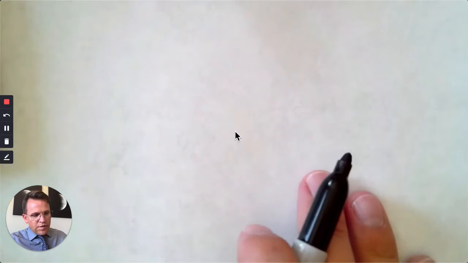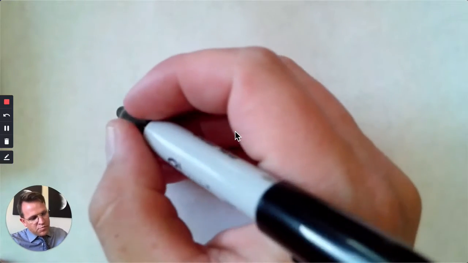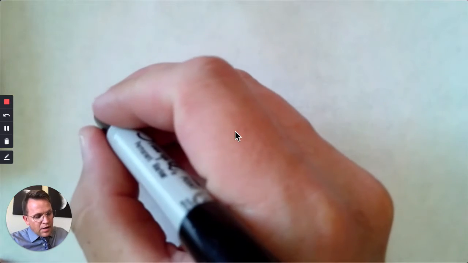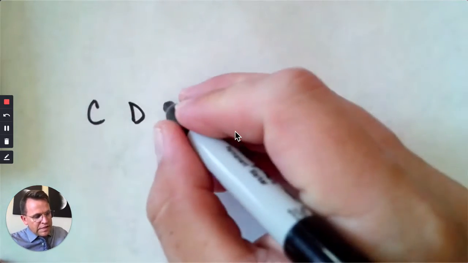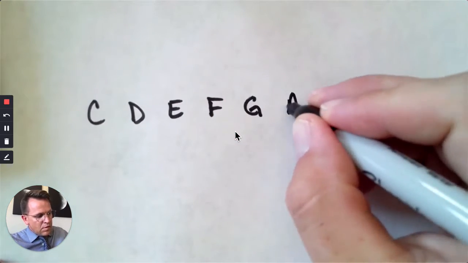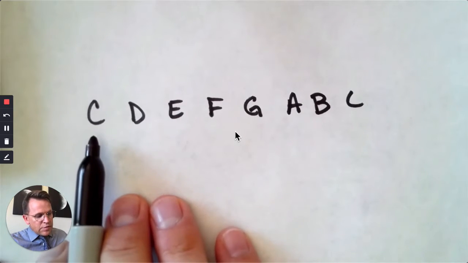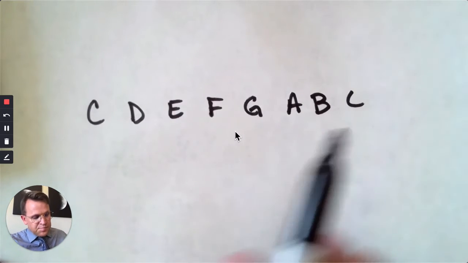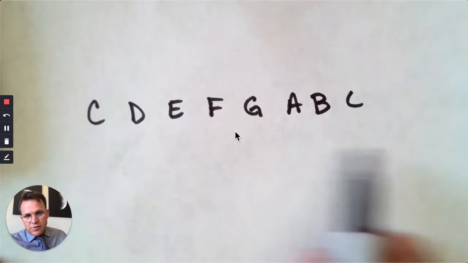The easiest way to think about it is that when you have a scale, for example a major scale or a minor scale, it doesn't matter, you have your pitches. For example, we'll look at C major. Here's our C major scale, from C all the way up to C. No sharps, no flats, but you can think of these as scale degrees.